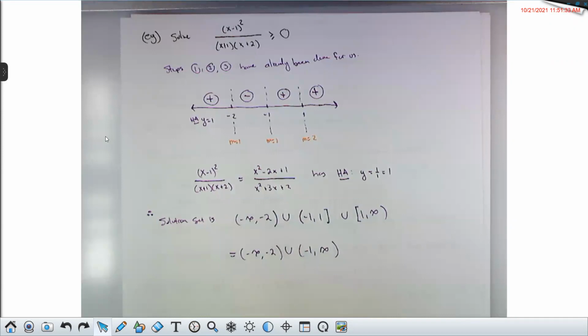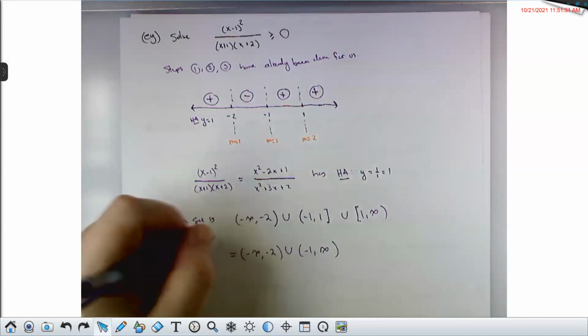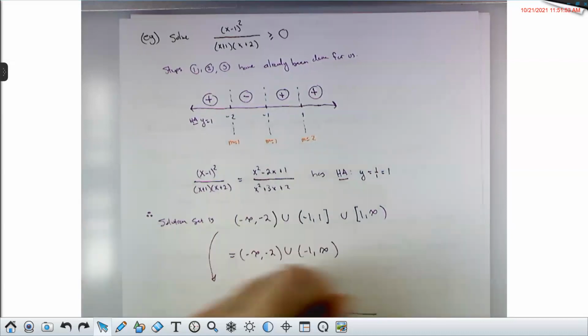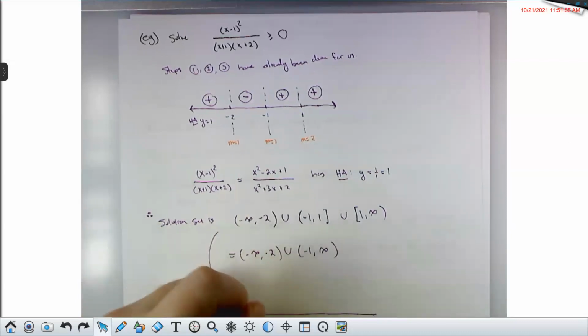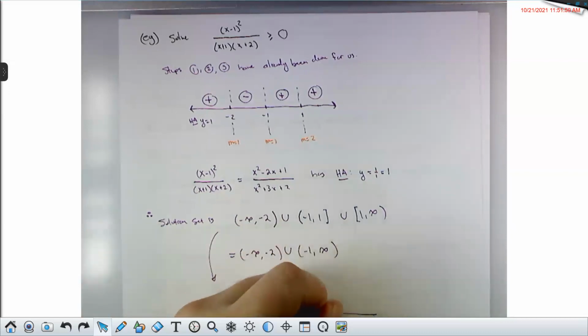For the last one where you said that -1 goes to infinity, and how you can skip the step above it, is that because there's brackets because 1 is included on both of them? Yeah. Yep. If you were to graph this first set on the number line, here's -2, -1, and 1.